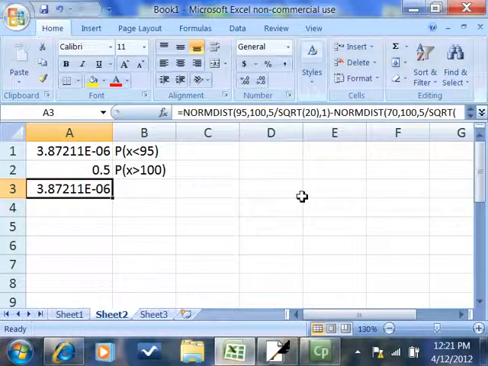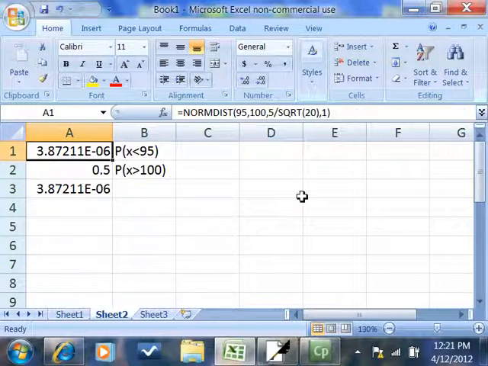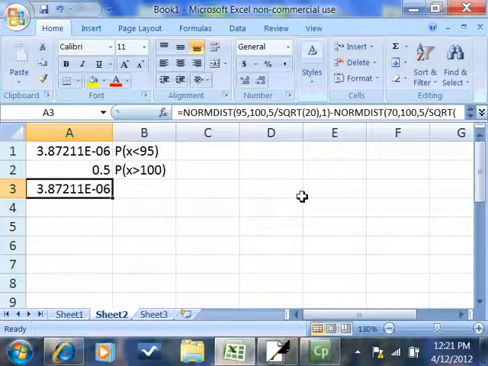What are the odds that I would pick something that works out that way? 95 and 70. I guess that makes sense. This is 95, and this is 95 minus 70. But 70 is so far away from the mean, given our standard deviation, that it's practically zero anyway. I'd have to go out to a few more decimal places before I probably actually saw a difference.